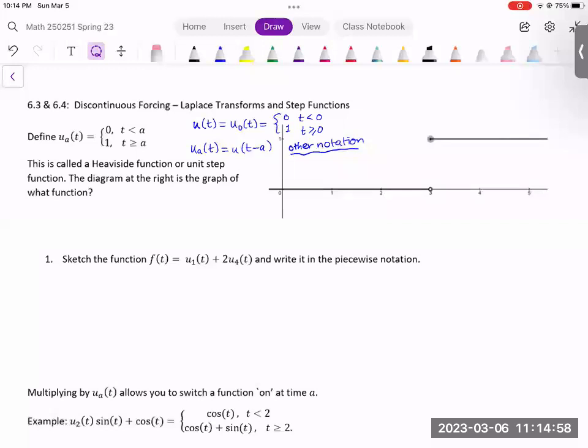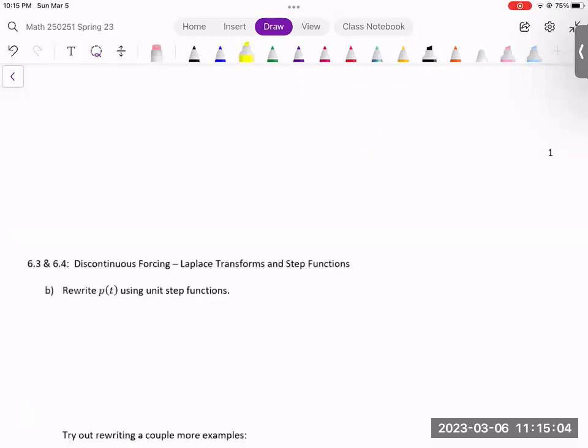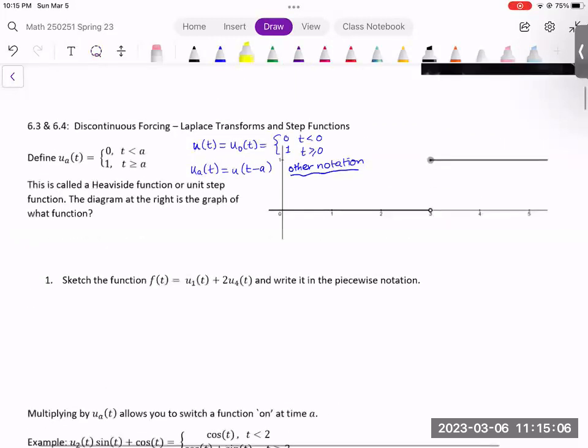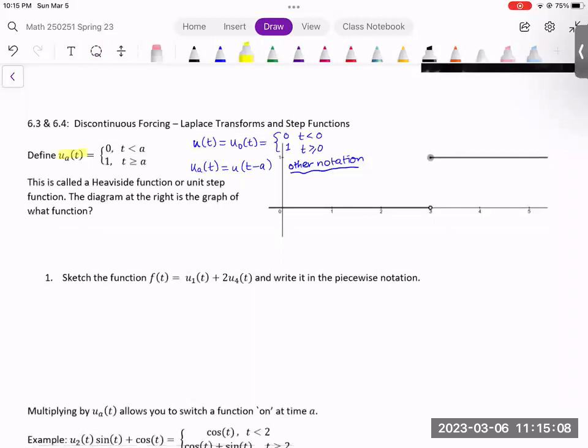The first piecewise function we're going to look at is written as u_a of t, which is equal to 0 when t is less than a, and equal to 1 when t is greater than or equal to a.